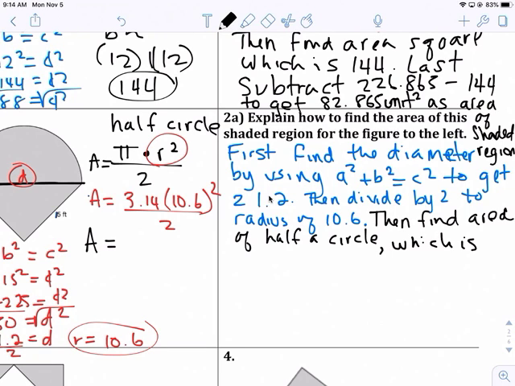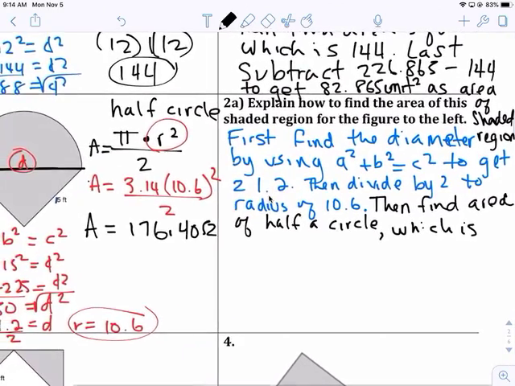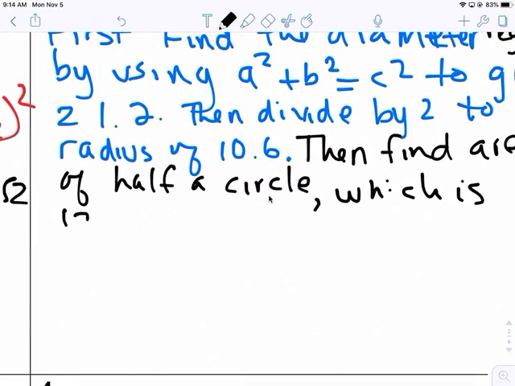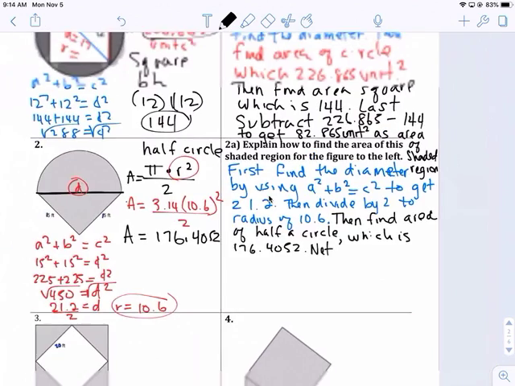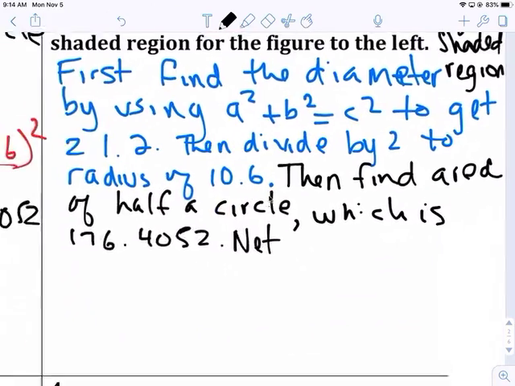You get an area of 176.4052. Next, find the area of the next shape, which is a triangle.